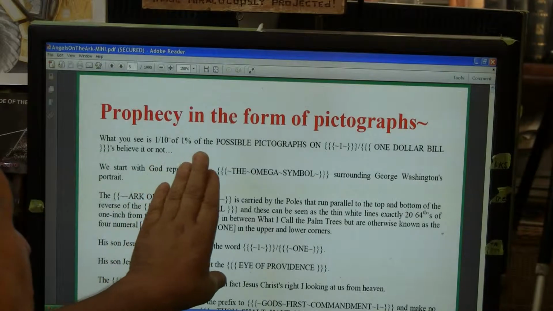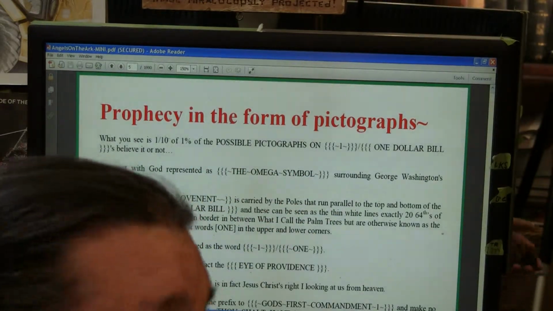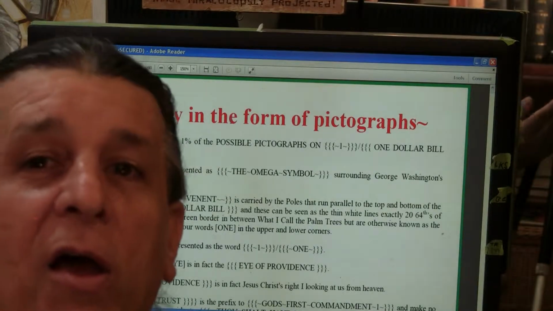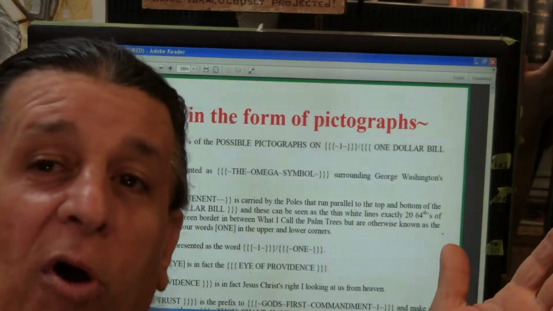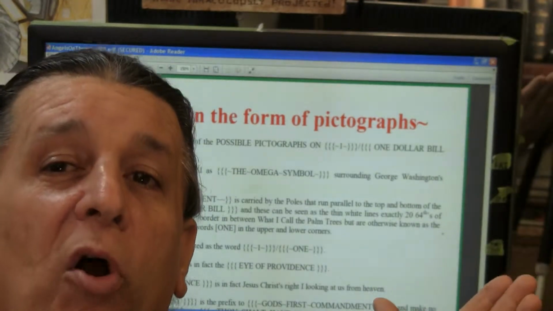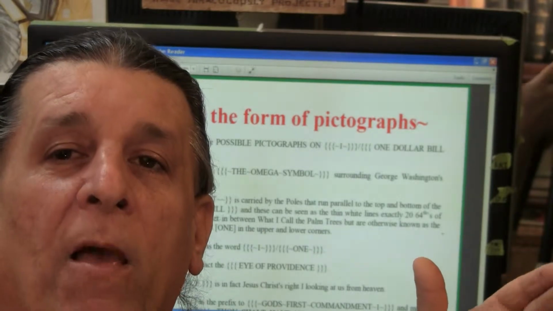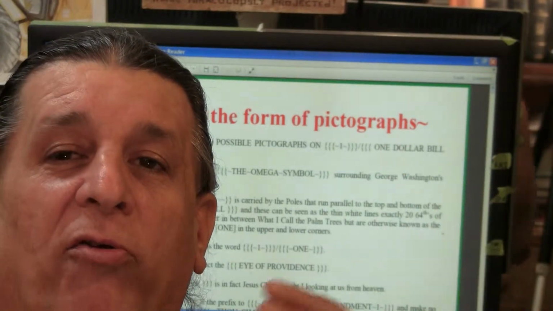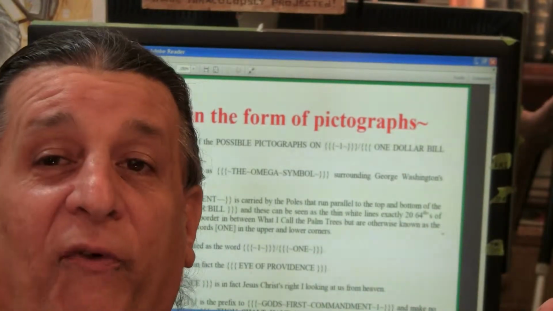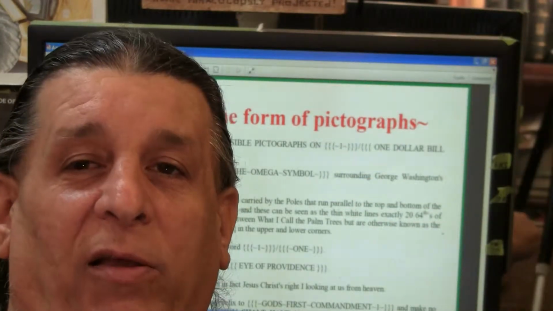What you see is 1/10 of the possible pictographs on the $1 bill. Even if you were looking for all of them, you would only see 1/10 of 1%, because there are 3,300, and without my guidance, you won't find them. It doesn't matter how smart you think you are.